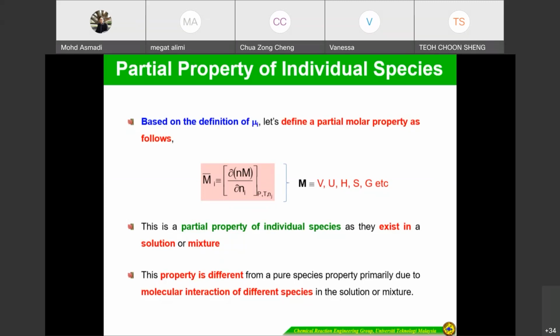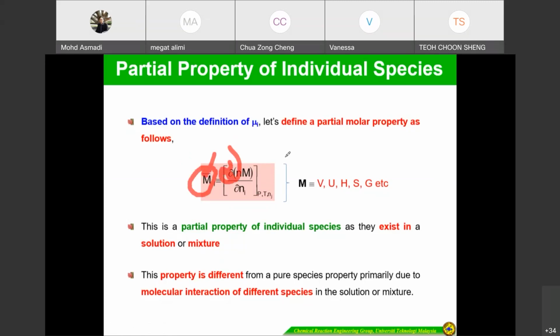Okay, so based on the definition of the mu n, if we define the partial molar property as here, this is in general the general equation. M bar, it should have a bar here, and there is a partial differential.